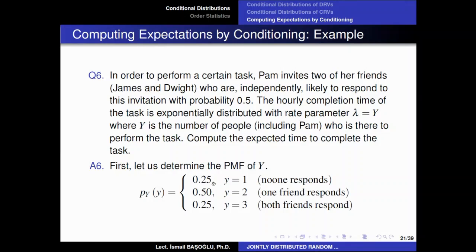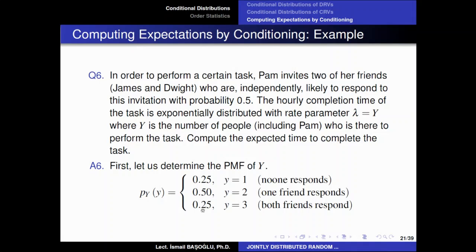In that case, the number of people there to perform the task is just 1, which is only Pam herself. So with 0.25 probability, neither James nor Dwight will come, and Y is going to be equal to 1.